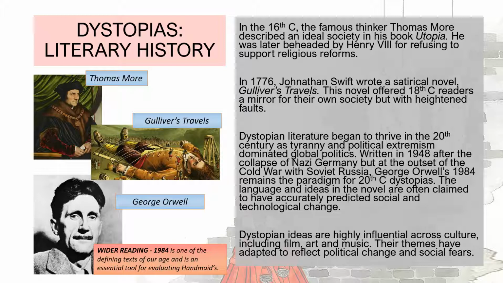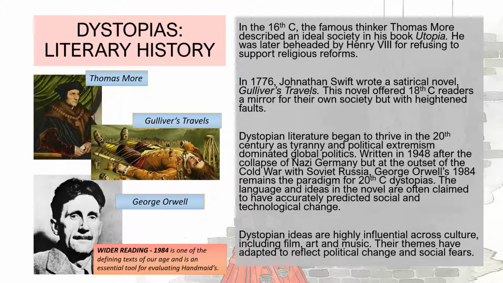In Gulliver's Travels, if you don't know the story, a traveller finds himself in strange lands, one in which he is tiny and surrounded by giants. In another strange land he travels to, he is a giant and surrounded by tiny people. But the societies that he visits are satirical mirrors of the society that Swift was writing in. The corruptions within these societies are presented in a heightened manner. So these offer us a kind of prototypical form of dystopia.